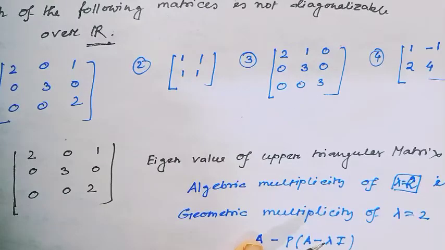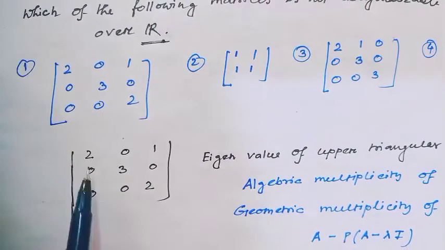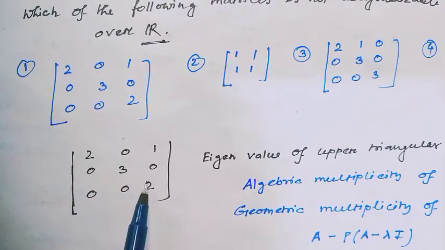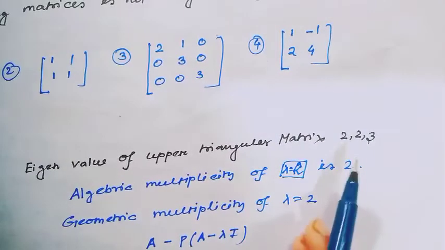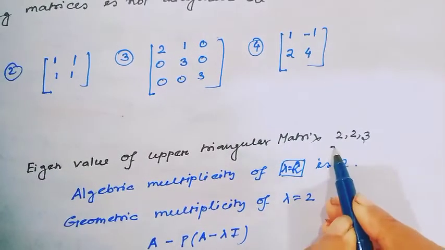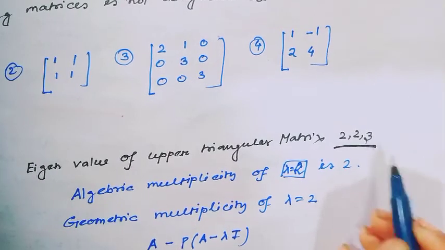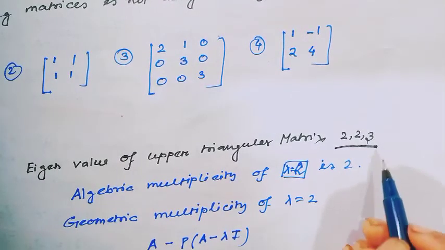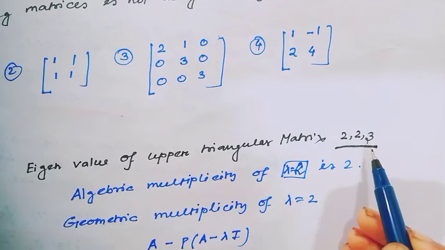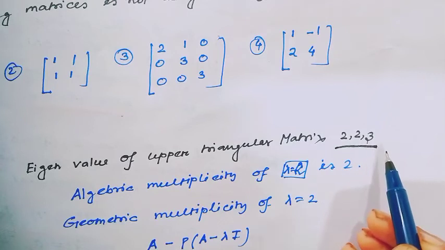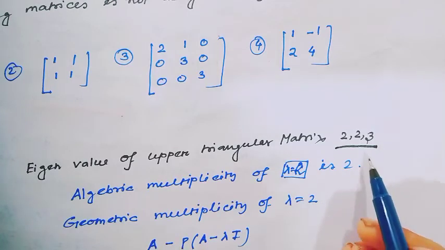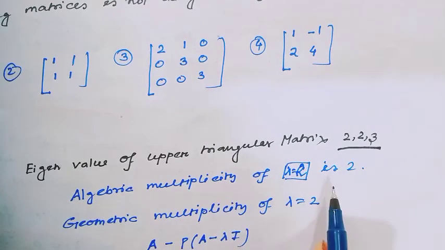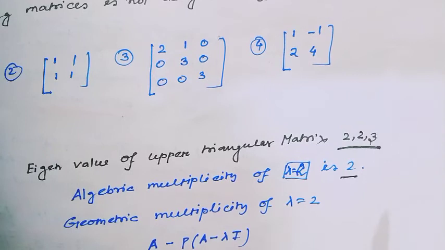Notice, since this is an upper triangular matrix, the eigenvalues are 2, 2, 3. Since the eigenvalues are not distinct, the algebraic multiplicity of the eigenvalue lambda equal to 2 is 2.